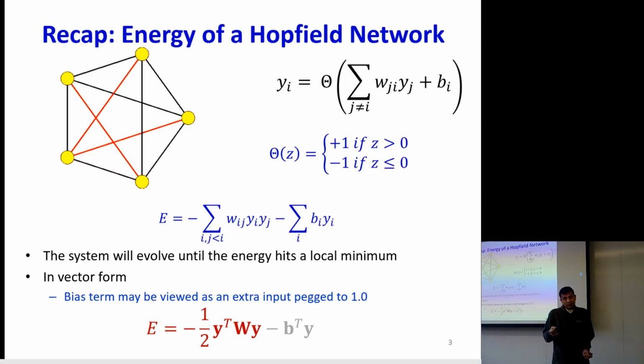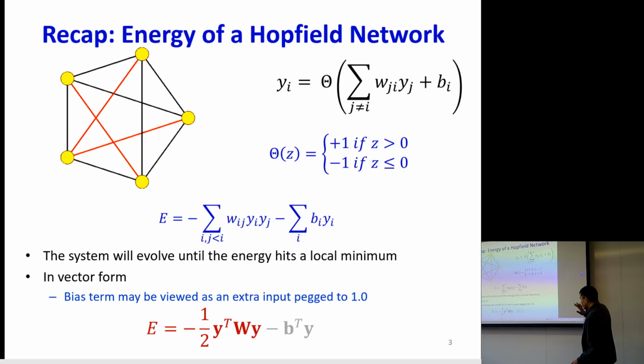But then as we've done in the past, you can always think of the bias as just another weight attached to a neuron whose value is pegged at 1. So in the rest of this lecture, I'm just going to be using this quadratic term without explicitly referring to the bias term, but you should always keep in mind that there's actually another neuron which is pegged to 1 and who also has a weight to all of the neurons.